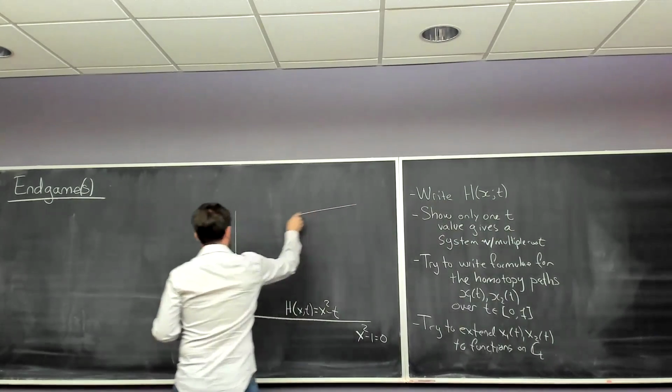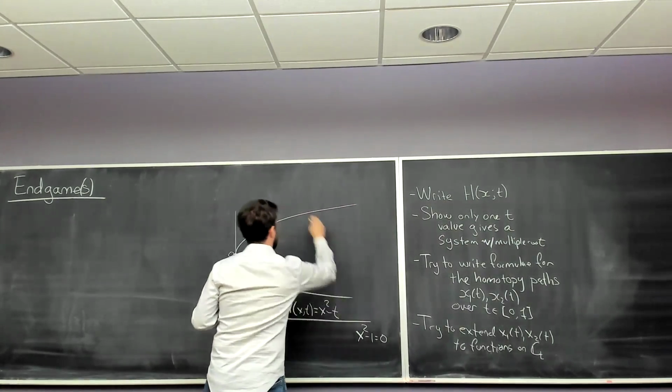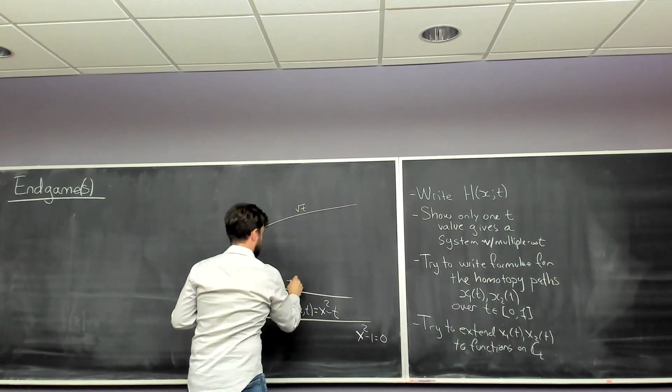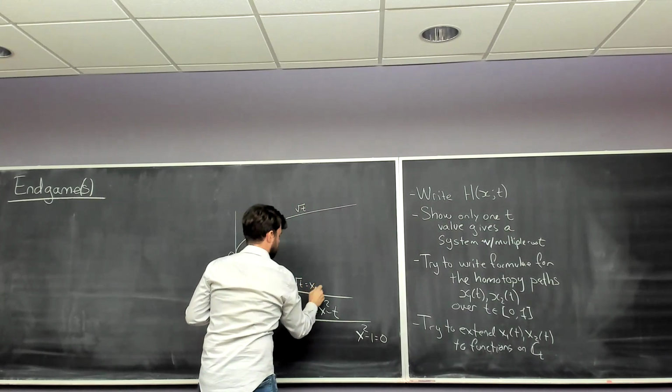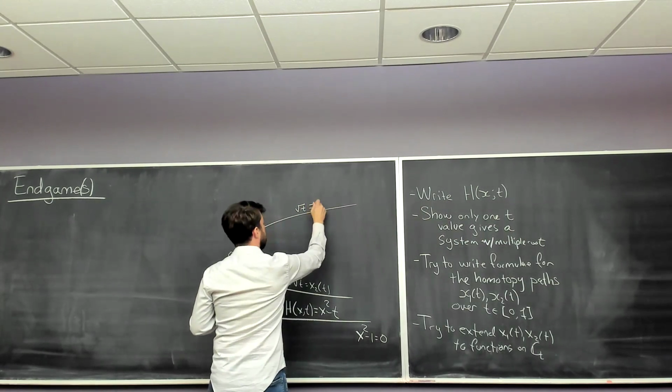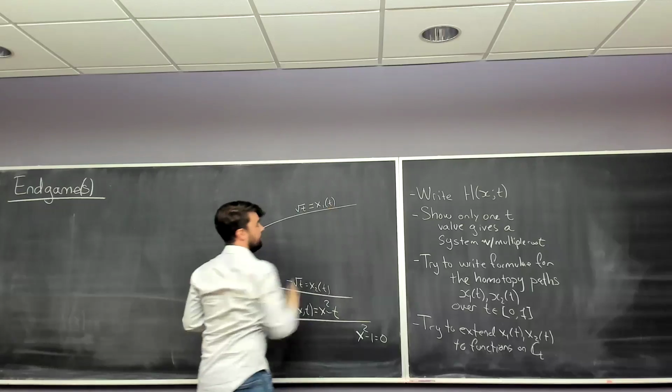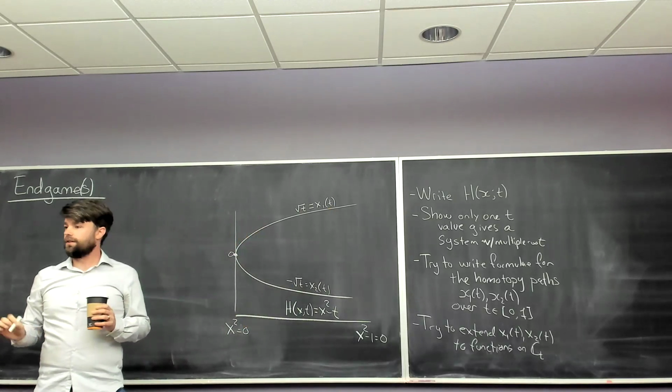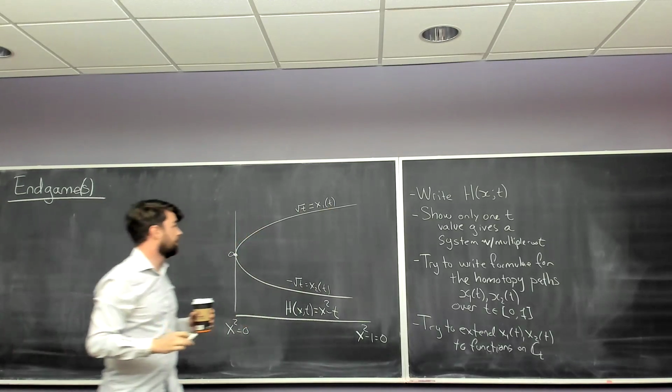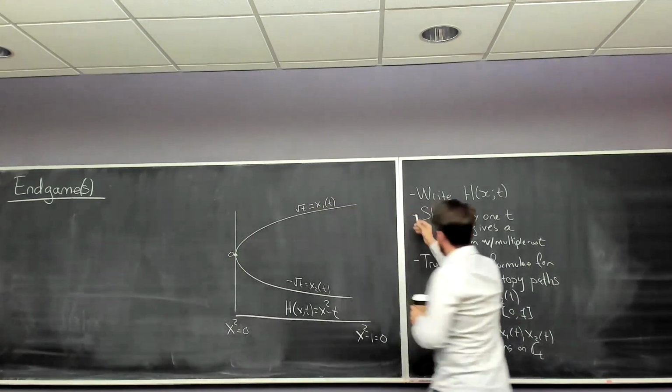And indeed, that's what this homotopy looks like. This is root t, this is negative root t. Good, awesome.